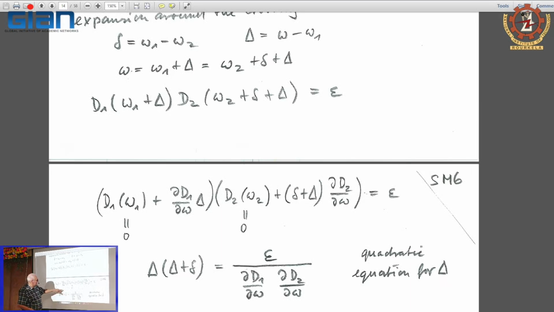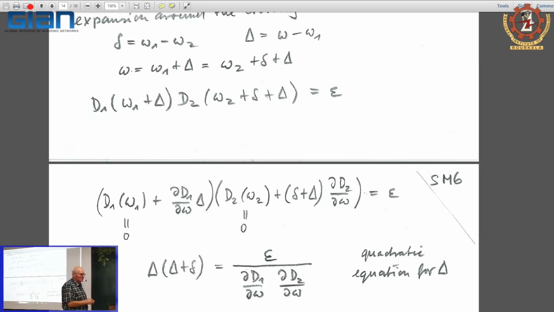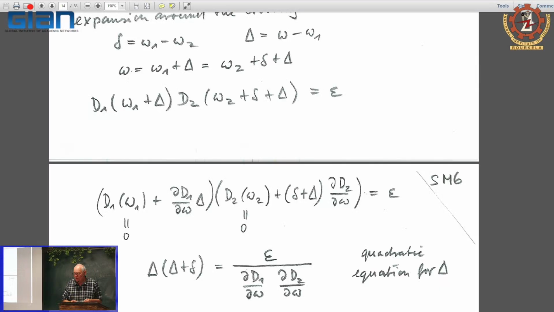Capital delta times capital delta plus small delta is equal to epsilon divided by the derivatives of the original dispersion relations d1 and d2 with respect to omega.